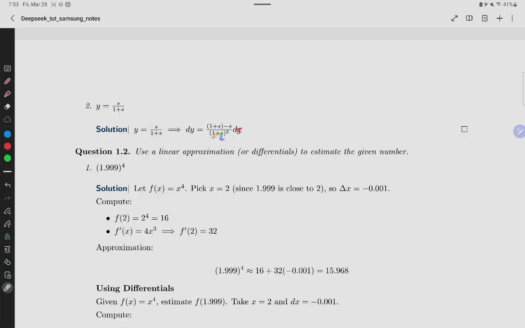So the bottom, 1 plus s, squared; the bottom as it is, derivative of the top which is 1, so this as it is comes; then the top as it is, derivative of the bottom, whose derivative will be 1, so we will have 1 plus s minus s. You can cancel this s and s, you will have 1 over 1 plus s square times ds. So this is the differential, okay.